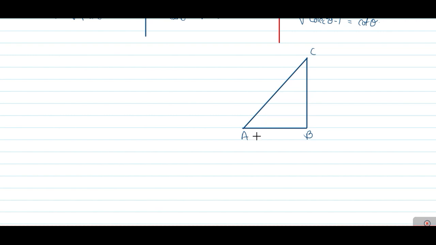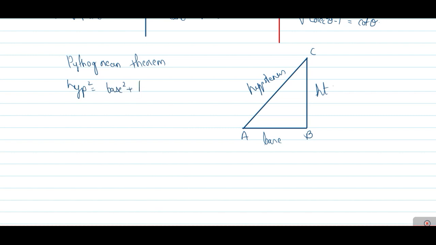If this is the hypotenuse, this is the base and this is the height, then the Pythagoras theorem states that hypotenuse square is equal to base square plus height square.